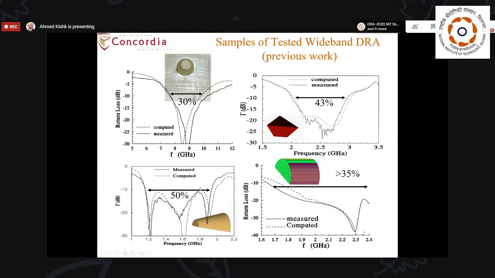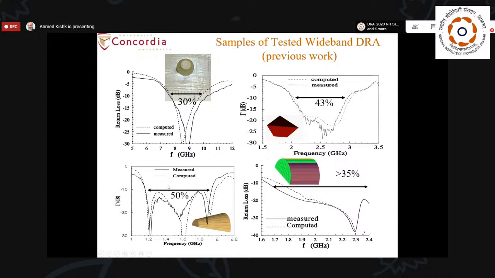But one has to be very careful in defining the bandwidth. You don't define the bandwidth just based on the matching bandwidth. You define it based on the common bandwidth between the radiation and the reflection. Because as you can see here, we have more than one resonance.